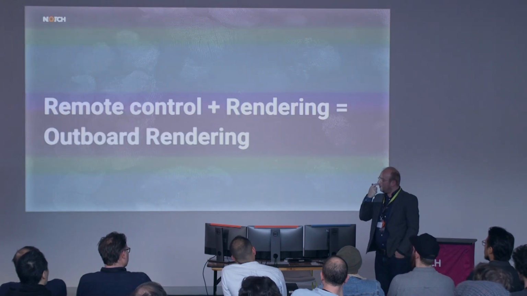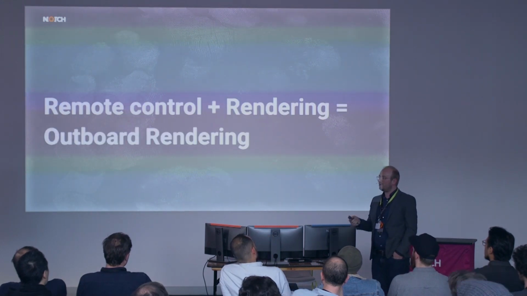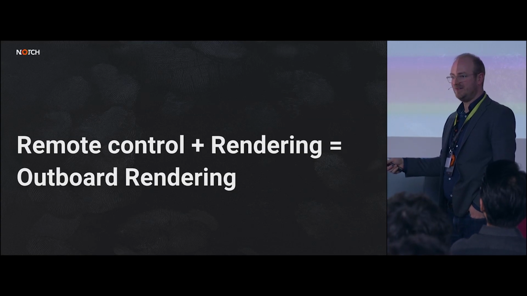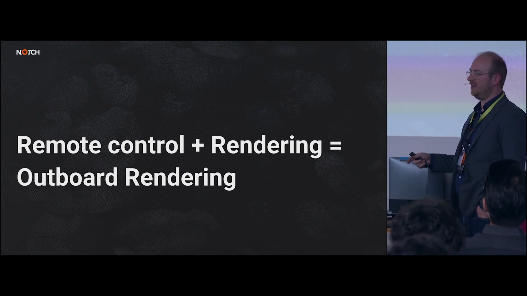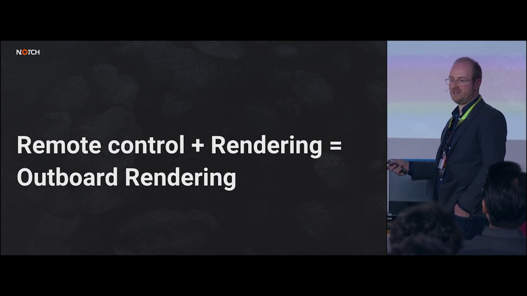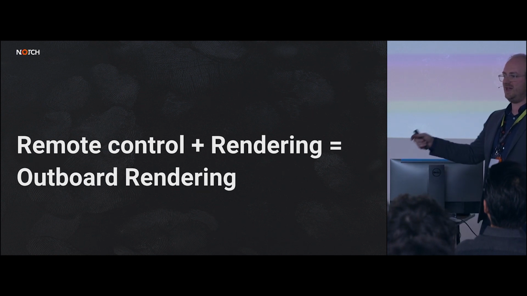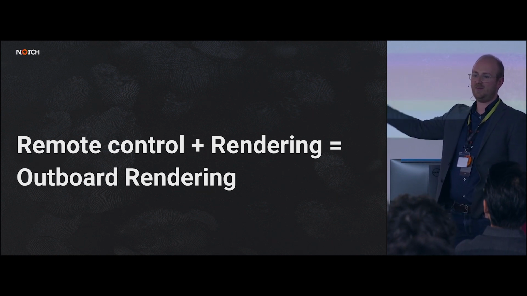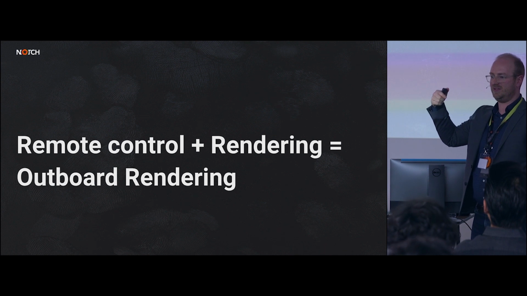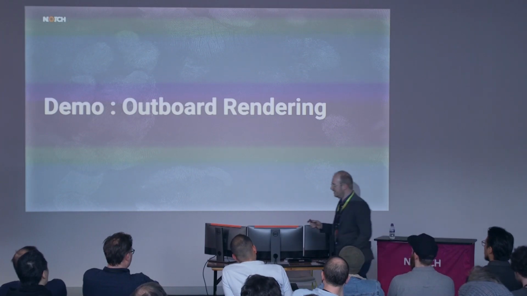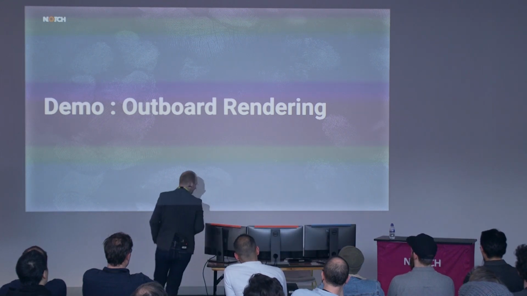But when you take remote control and you do rendering on the slave, when you put those two things together, you can get what's called outboard rendering. So this is the ability to run your rendering on a separate machine and then pipe it back to your host when you want it. Does that make sense? So I'll demonstrate this to you quickly now.